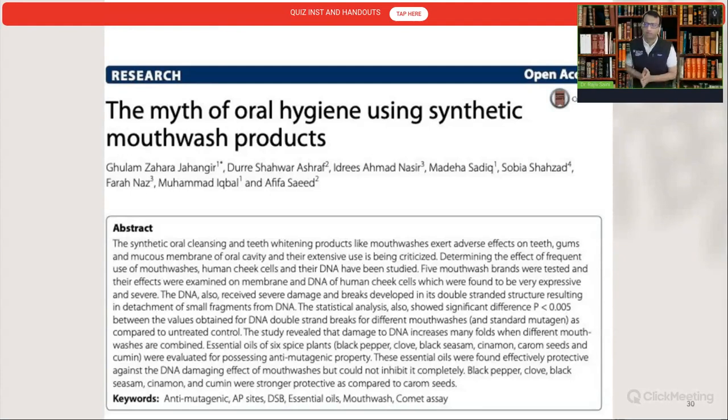As we know, there are millions of bacteria that form a complex oral microbiome inside the oral cavity, and that maintains a very natural balance. So when you have a balanced microbiome, it can protect against infections and inflammation.